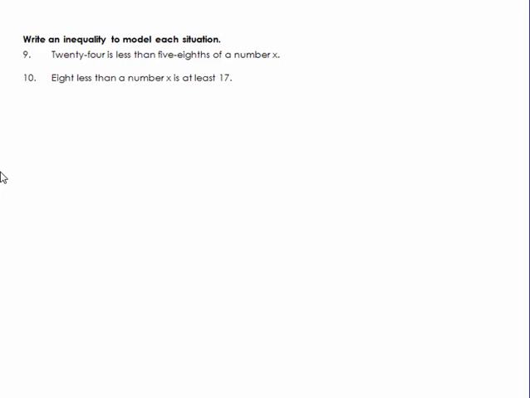All right, problem number 9. It says, write an inequality to model each situation. So 24 is less than 5/8 of a number x. I'm going to use this less than part here. Less than is the one that points to the left. It says 24 is less than, so I'm going to put my 24 on the left-hand side.